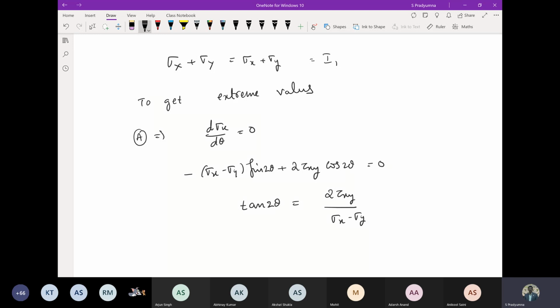So here, this angle 2 theta will give you the orientation of a plane which gives me the extreme values of sigma x, the normal stress. We usually call this the principal direction. Therefore, I replace this theta with theta p. So this theta p is the principal direction.